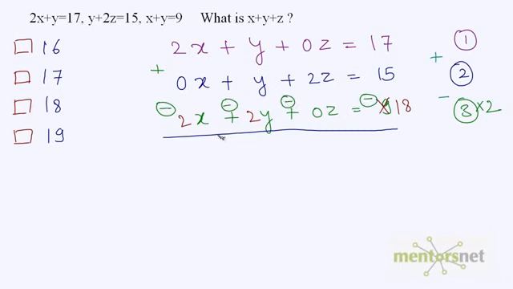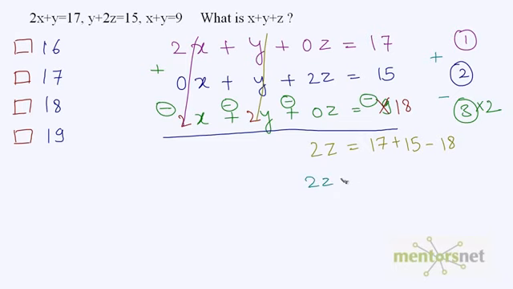Here is minus. So 2x minus 2x gets cancelled out. Then you have y plus y, that is 2y minus 2y again is 0, and here again you have 0z plus 2z, which is 2z minus 0z. So what remains is 2z is equal to 17 plus 15 minus 18.